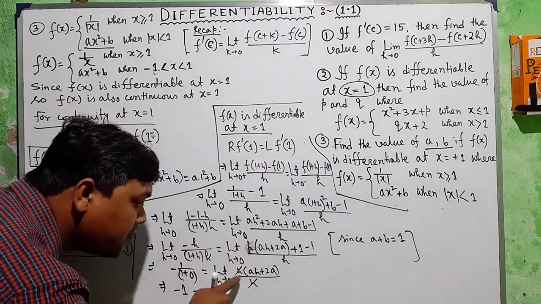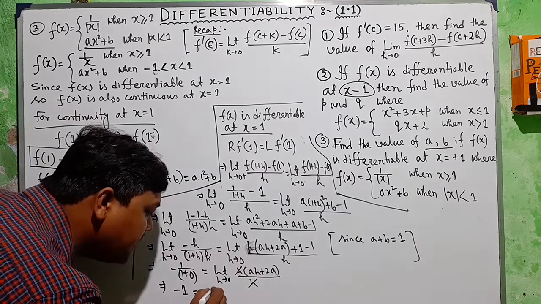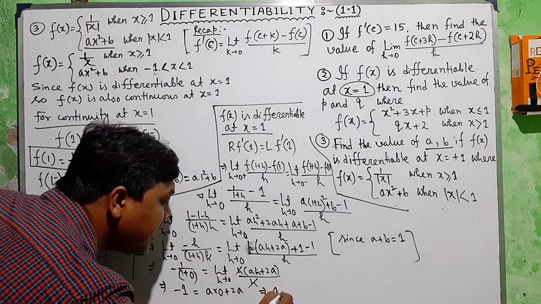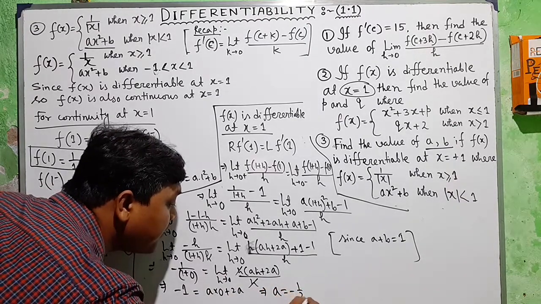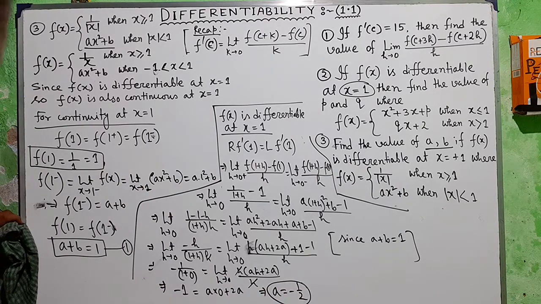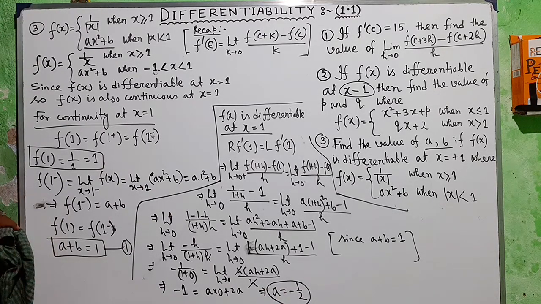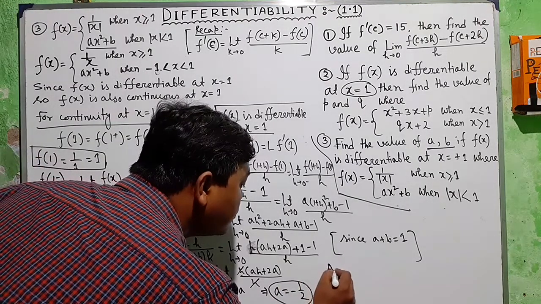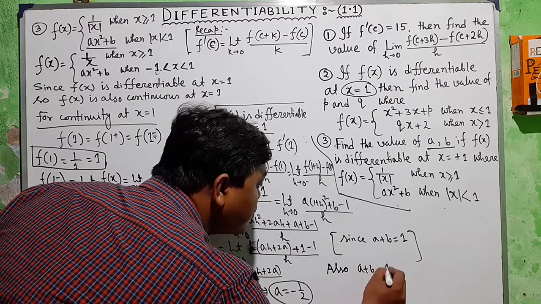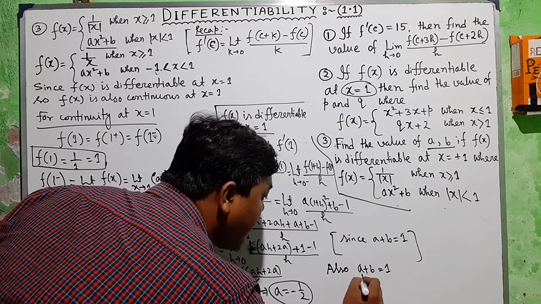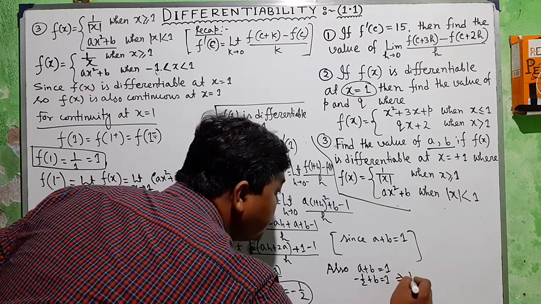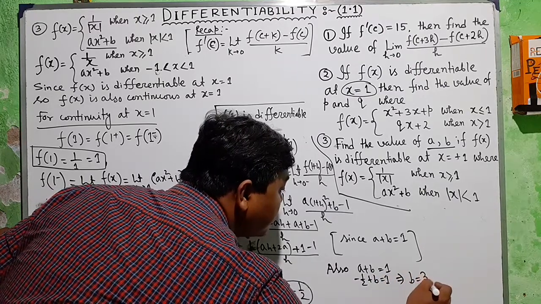If I put h equals 0, we will get a into 0 plus 2a, so this implies a equals minus half. And also a plus b equals 1, so if I put a equals minus half, plus b equals 1, so that gives b equals 3 by 2.